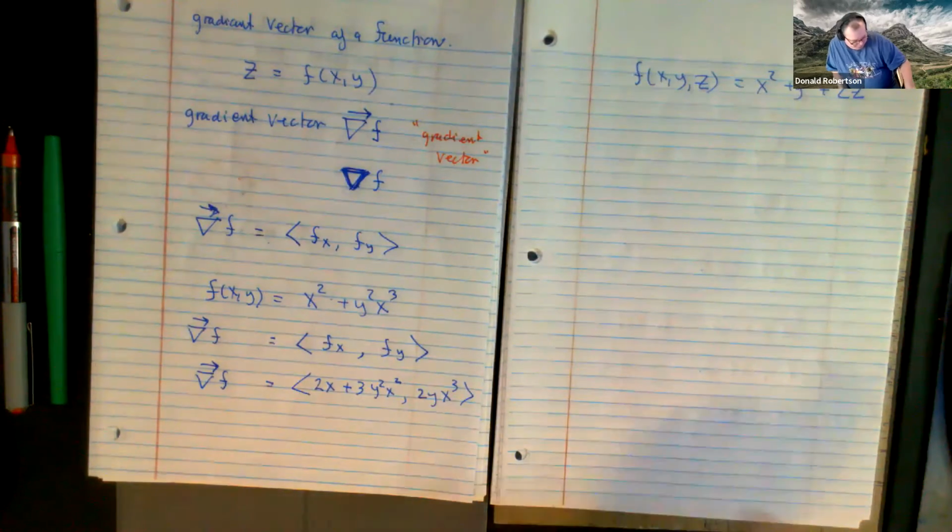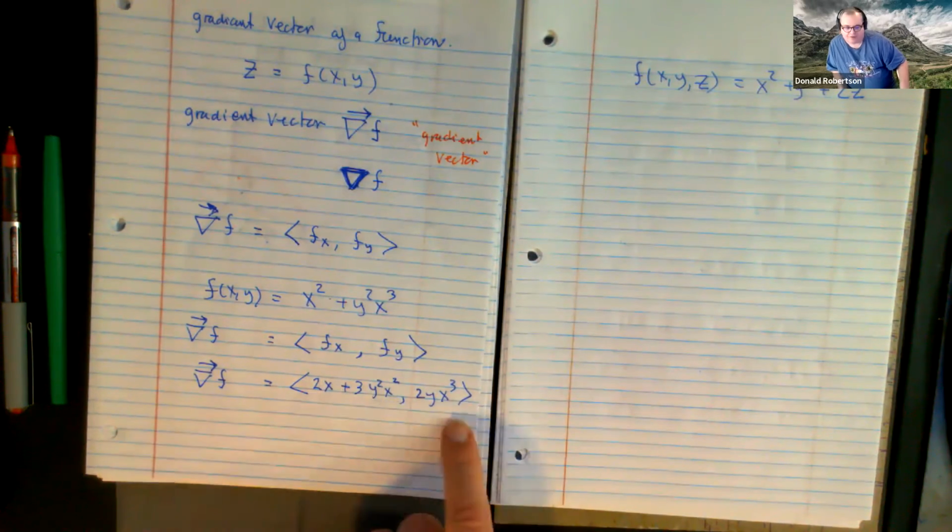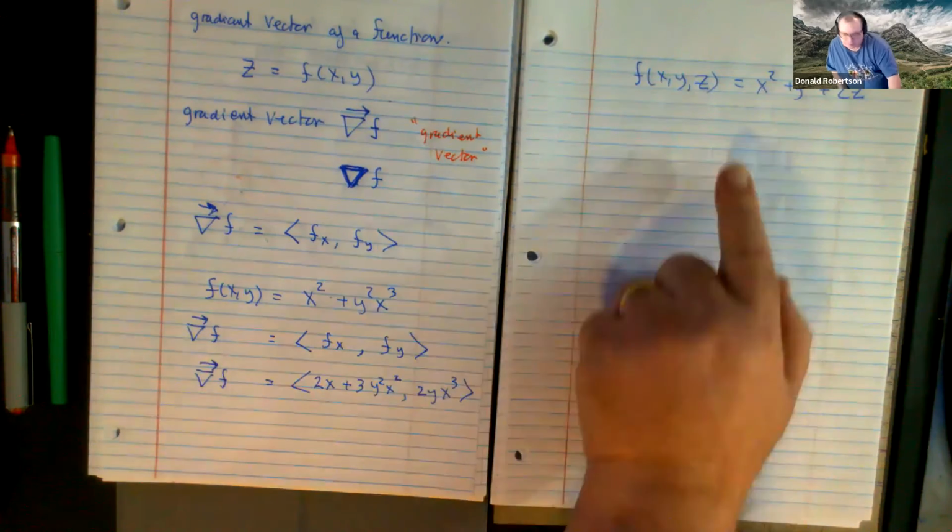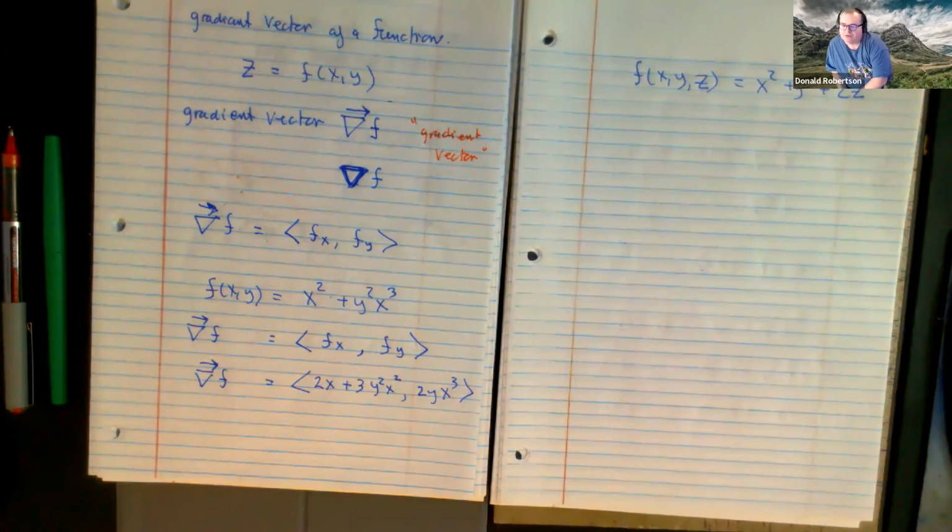By the way, that's a two-dimensional gradient vector, right? It's got two parts. Couldn't you extend the gradient idea to a three-dimensional function, or a fourth dimensional or a 20th dimension?